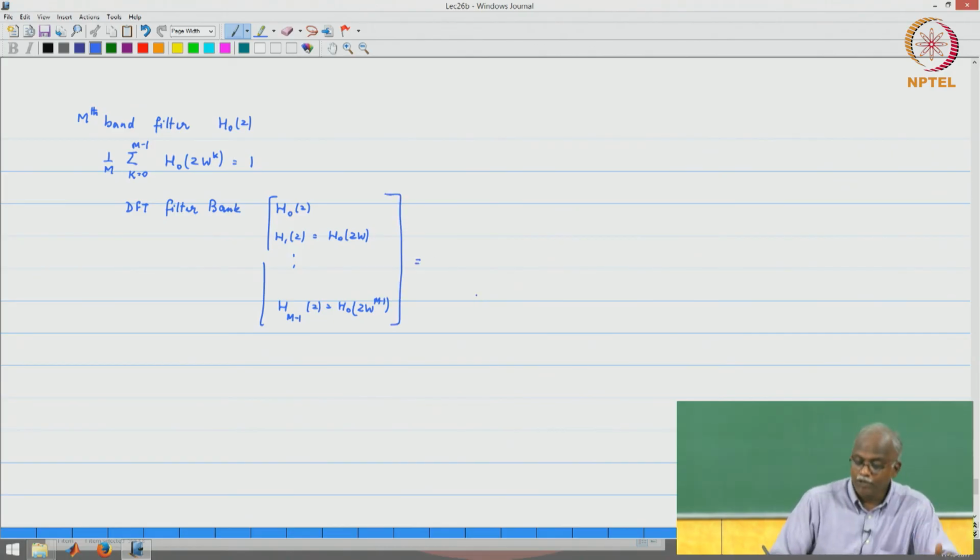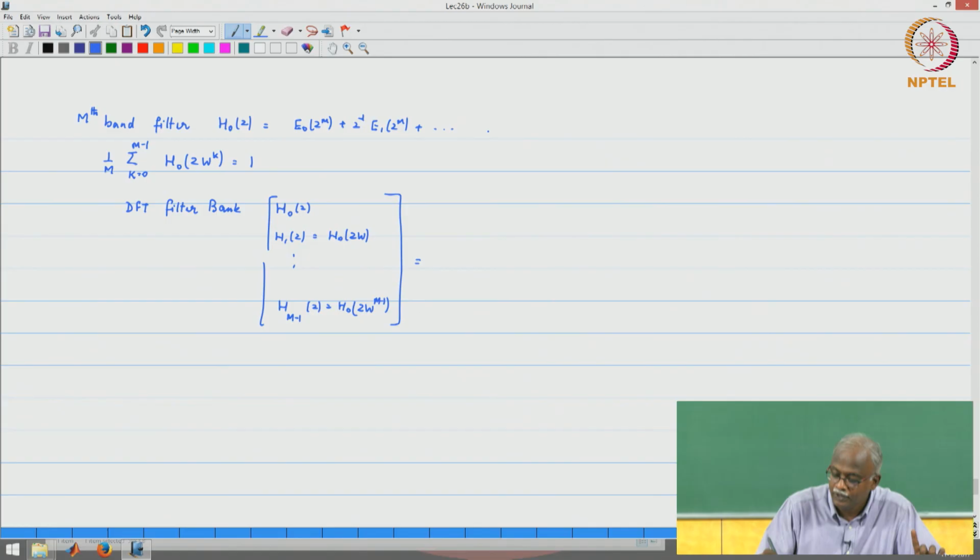In terms of the polyphase components, basically I would now have the polyphase components as E naught of z^m plus z inverse E1 of z^m, up to z^(minus (m minus 1)) E m minus 1 of z^m. E naught of z^m will be a constant, but for now I am just writing it in its full form.